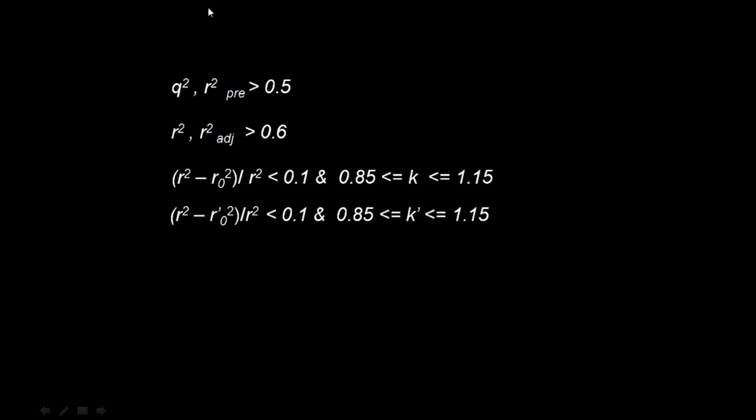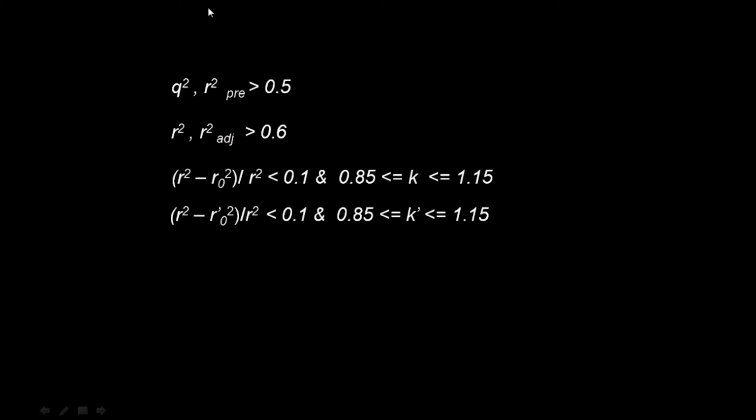Then we do the other way, instead of y equal to, we do x equal to, use r dash naught square, make it pass through the origin, and the corresponding slope given by k dash should also be around 1. So it is quite stringent; we need many conditions to be satisfied before we say that the regression model is good.